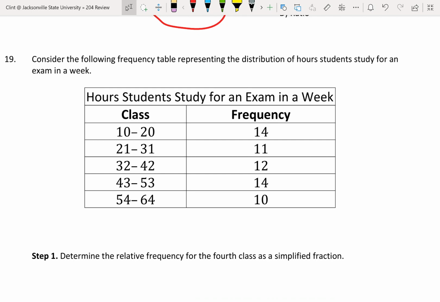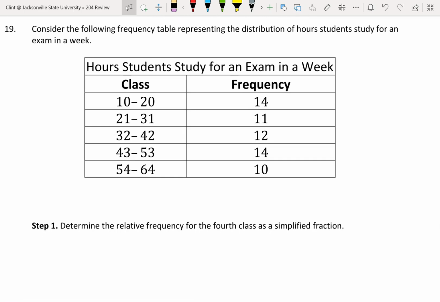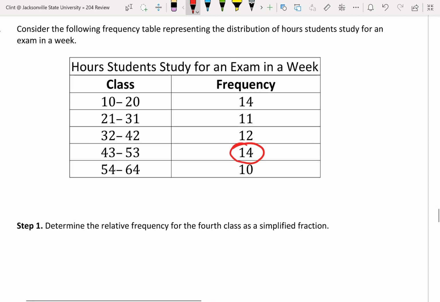19, we've got a frequency table. It says determine the relative frequency for the 4th class. The 4th class is just the 4th row. That's this one. Just the regular frequency is 14. But to figure out relative frequency, what do we have to do?